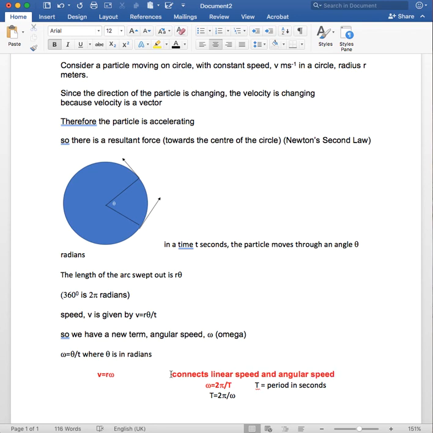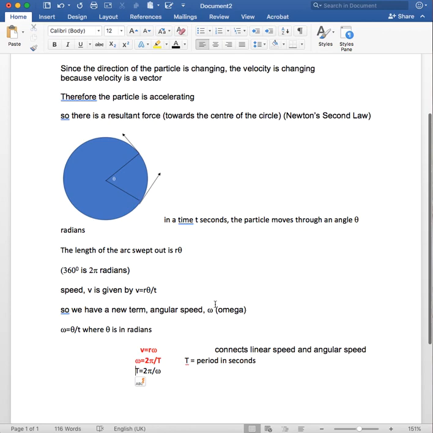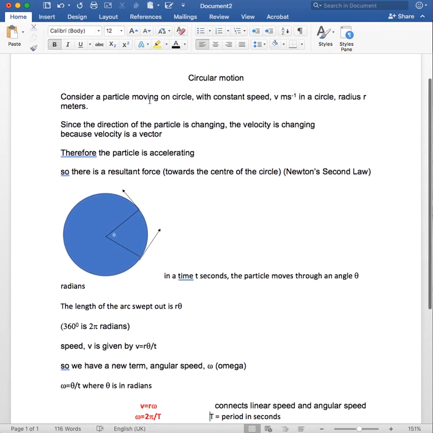So this relationship connects linear and angular speed. Okay, so we have a particle moving in a circle with a constant speed, radius r.